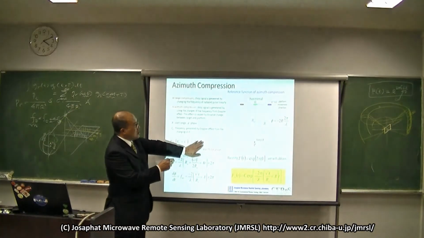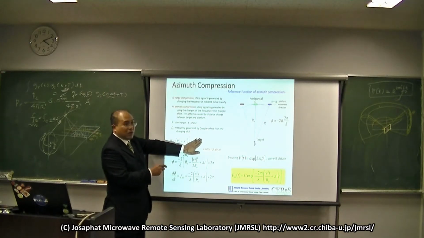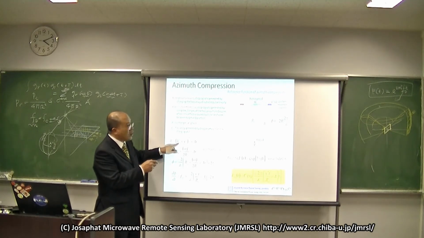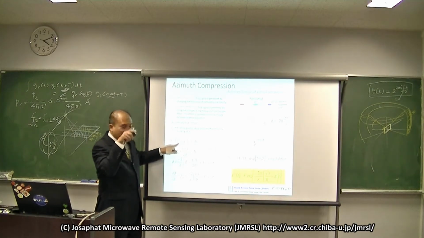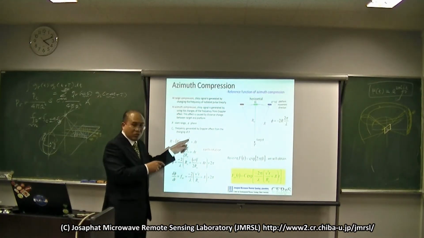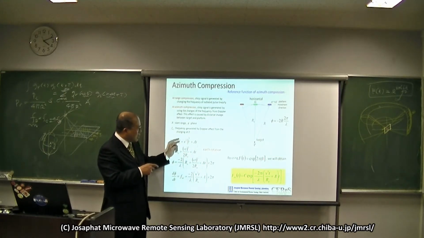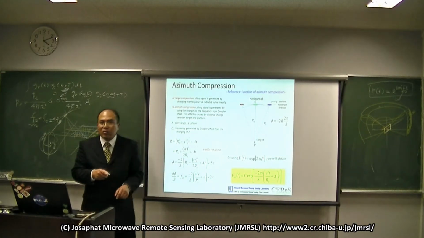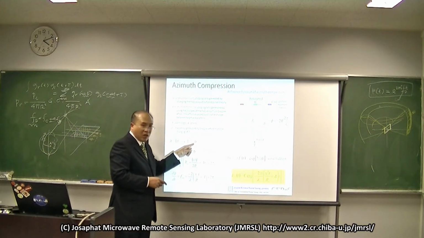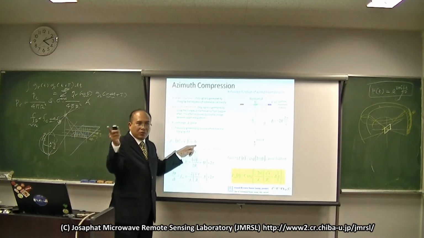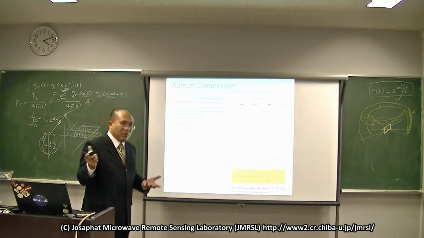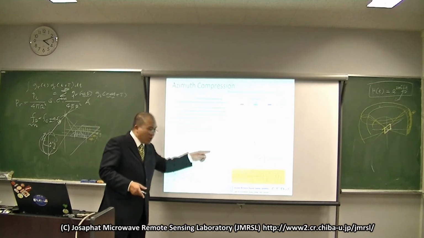Let's consider R. Just consider this triangular relation, the Pythagoras. You can find that R equals the root of R0 squared plus x squared. But please don't forget, we must consider the Earth rotation velocity. If you want to observe Venus, you must also consider the velocity of Venus. For Mars, just put the Mars rotation velocity.